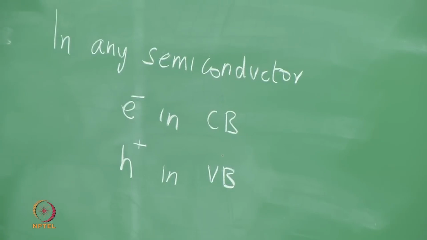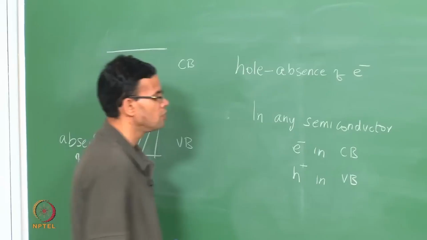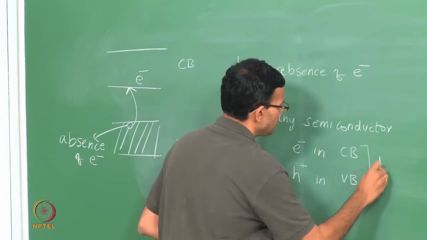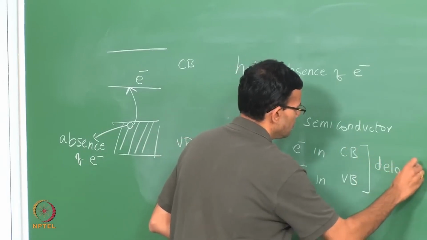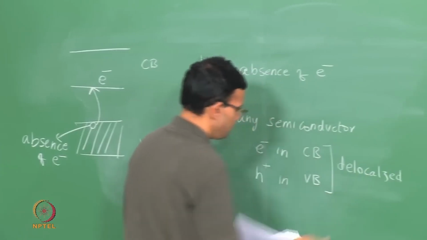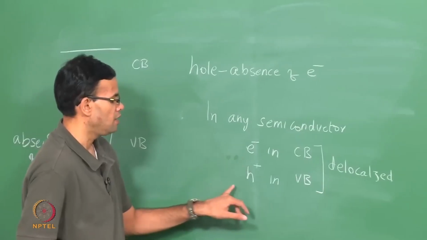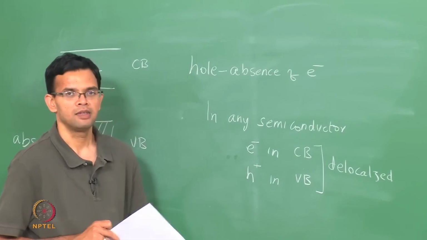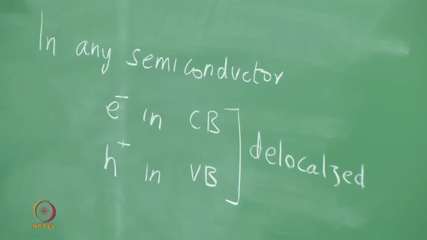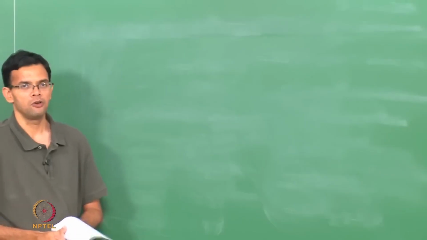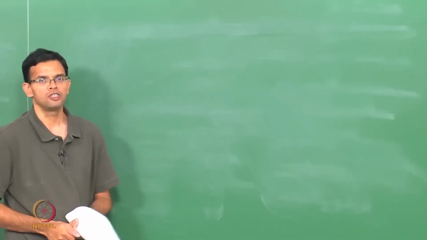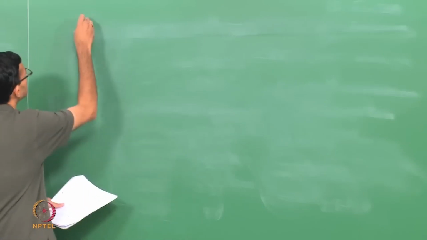These electrons and holes are essentially free to move, so they are called delocalized. When you apply an electric field to a semiconductor, the electrons can move in the conduction band, the holes can move in the valence band, and this gives rise to current. Along with this concept of electrons and holes, we will also introduce a new concept called electron effective mass.